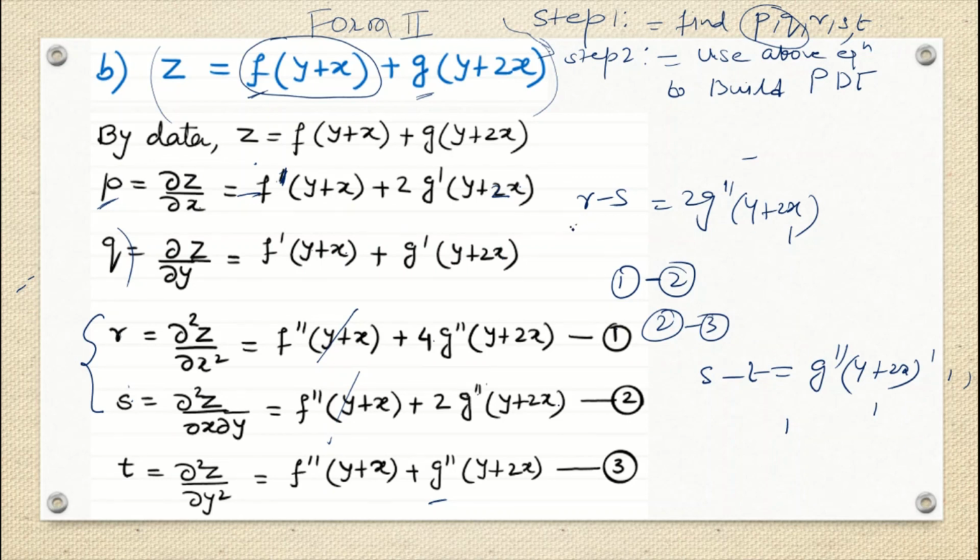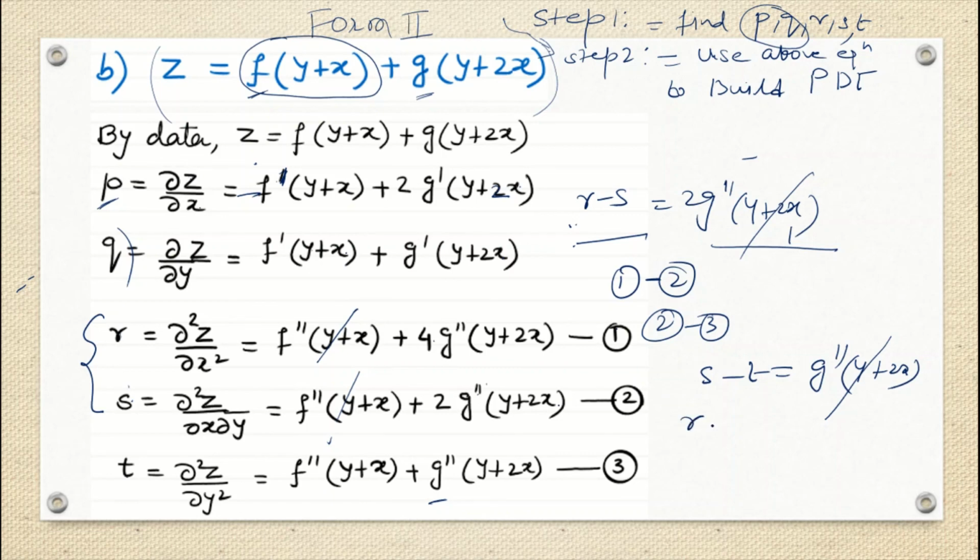So how is it going to be helpful? Now this is g double dash y plus 2x, and this is g double dash y plus 2x. I think you are getting what I'm saying. If I divide these two equations, this divided by this will give you 2 only. This and this will get cancelled, g double dash y plus 2x will get cancelled.